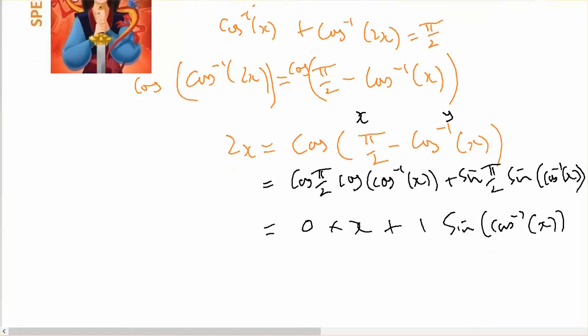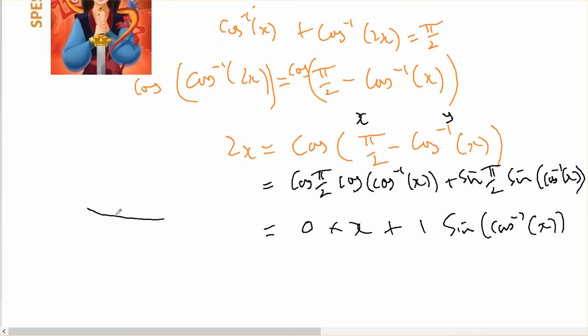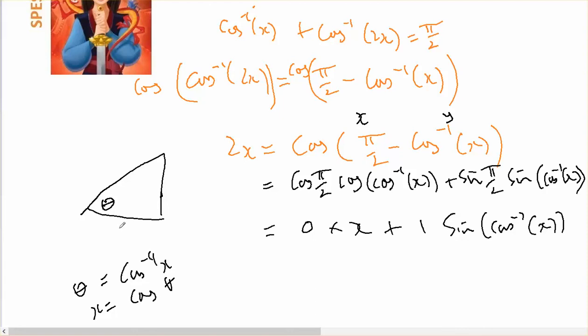Now I need to think about that a little bit. If I have a right angle triangle and if I have the inverse cosine of x is going to be my angle, which means that x is going to equal the cos of theta. So if this is theta, then this can be x and this can be 1.